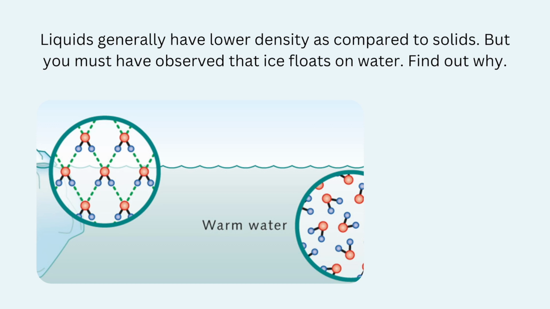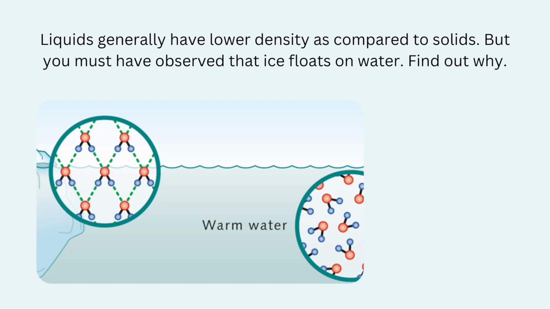We generally think that solids are denser when compared to liquids. That is our general assumption. Iron obviously has more density when compared to water, and iron obviously sinks in water. It doesn't float. So why does ice float on water? This is what they are asking.